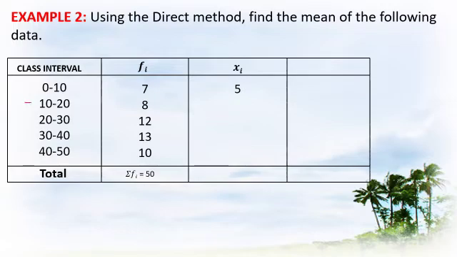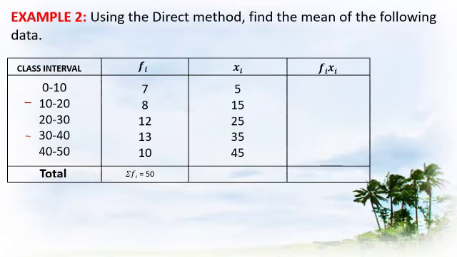Next class interval is 10 to 20. Its class mark is (20 + 10) divided by 2, 15. Next, (30 + 20) divided by 2, 25. Then next is (40 + 30) divided by 2, 35. Next one is (50 + 40) divided by 2, which is equal to 45.